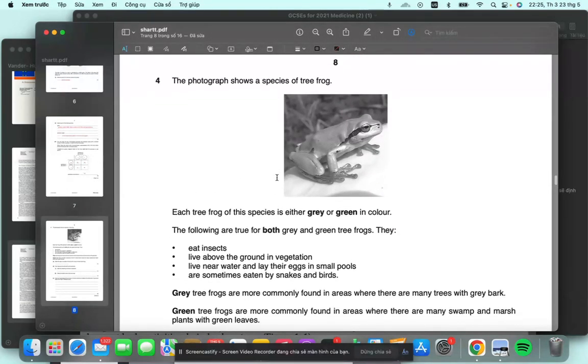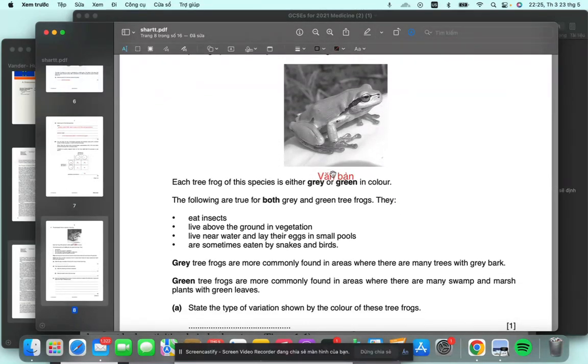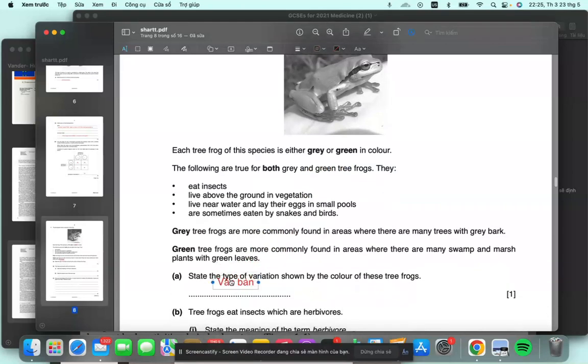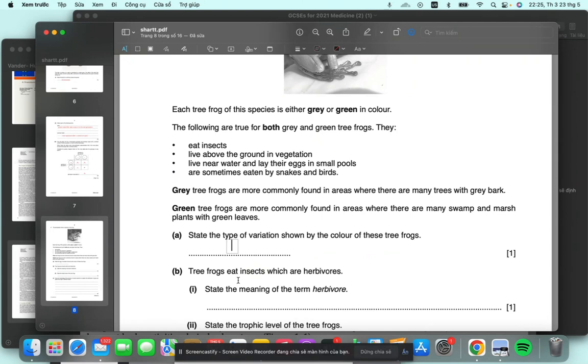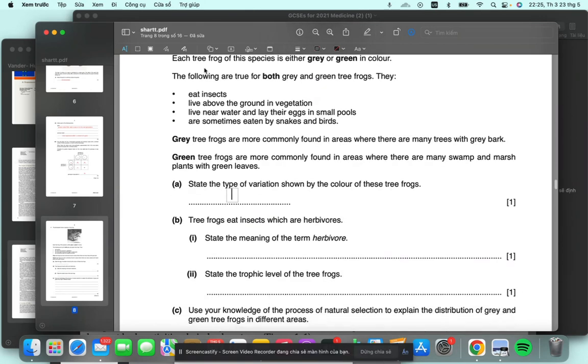The tree frog species is either gray or green in color. The following are both true for gray and green frogs: they eat insects, live in leaves on the ground and small pools. Natural selection? Wait, no, not variation. Herbivore: a species that only consumes plant-based structures, like vegans.